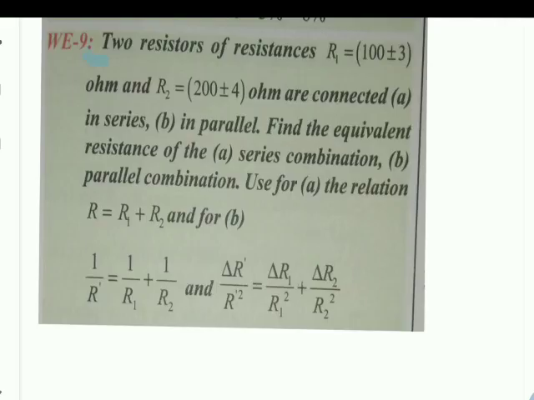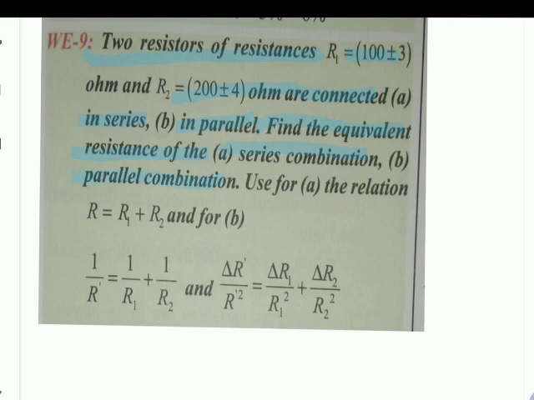Two resistors of resistance R1 is equal to 100 plus or minus 3 ohms and R2 is equal to 200 plus or minus 4 ohms are connected, A in series, B in parallel. Find the equivalent resistance of the A series combination, B parallel combination.